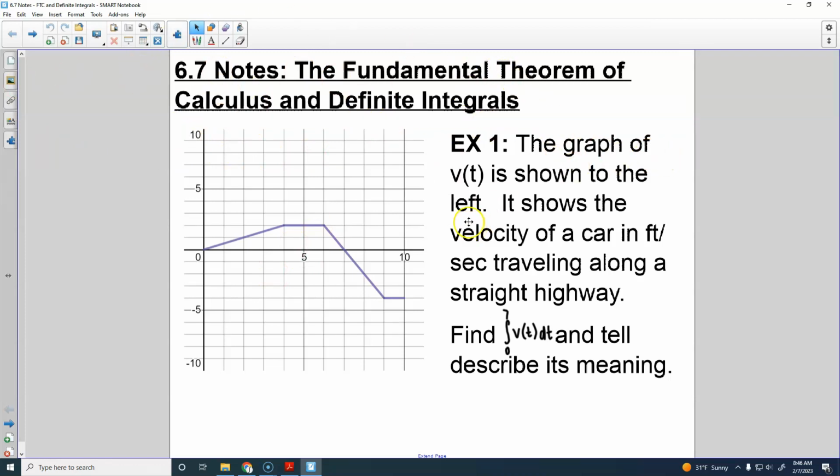So the graph v of t is shown to the left. It shows the velocity of a car in feet per second traveling along a straight highway. Find the integral from 0 to 7 of v of t dt and describe its meaning.